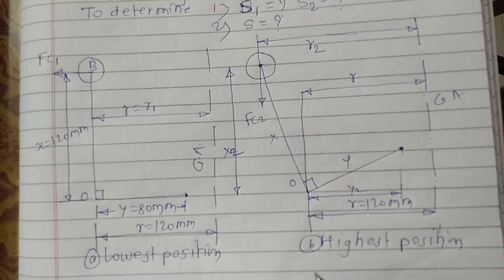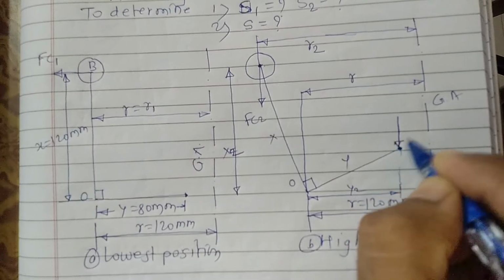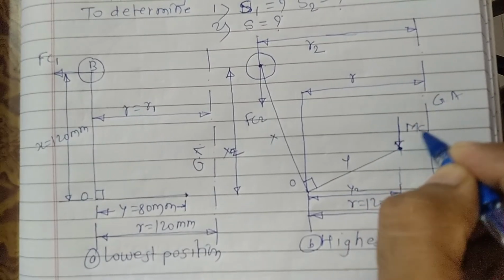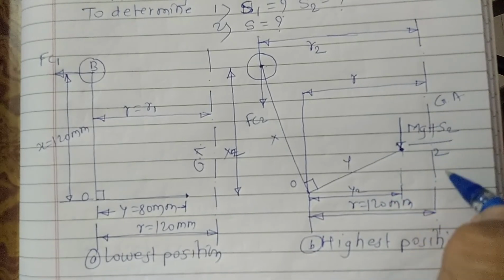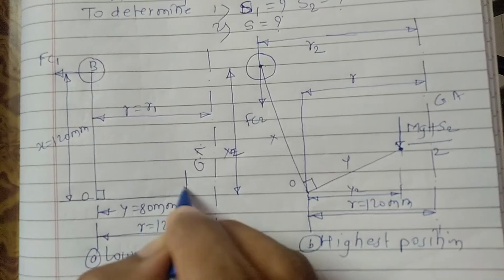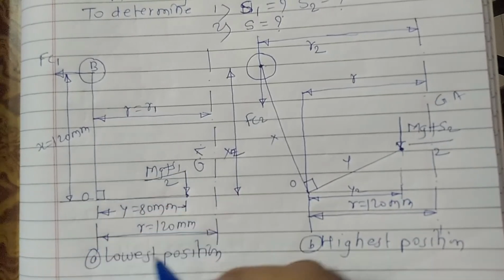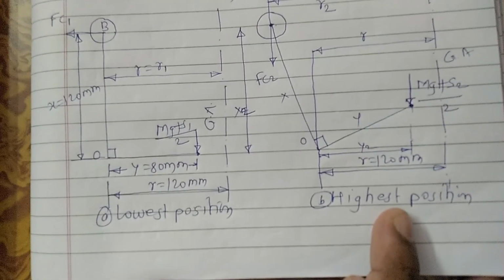Now for the central load, considering the spring force, we can get it like this: mg plus s2 by 2, and here mg plus s1 by 2. First of all, just consider s1 and s2.